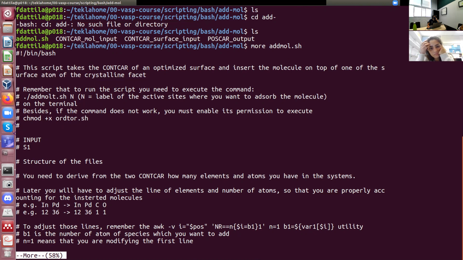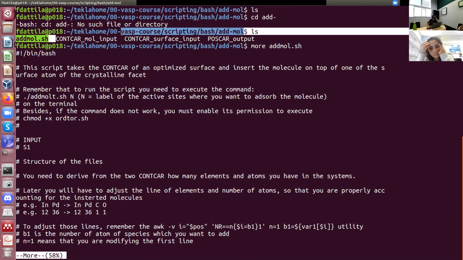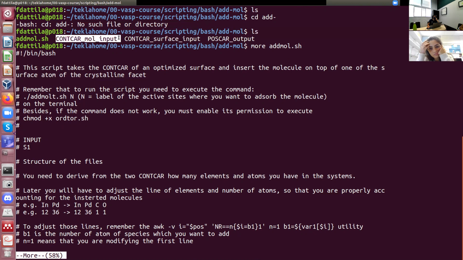Here instead, in this CONCAR mode input, you just have the right to read and write because this is a file. On a script, you need the right to execute, okay? That's the reason why, in order to change permission, you need to use this chmod +x. So plus x means plus execute. It's telling you, give me the permission to execute.